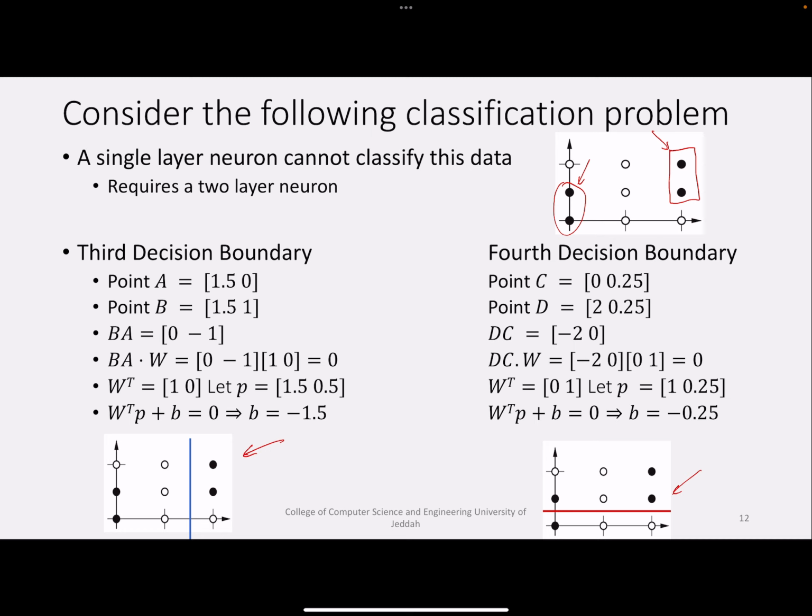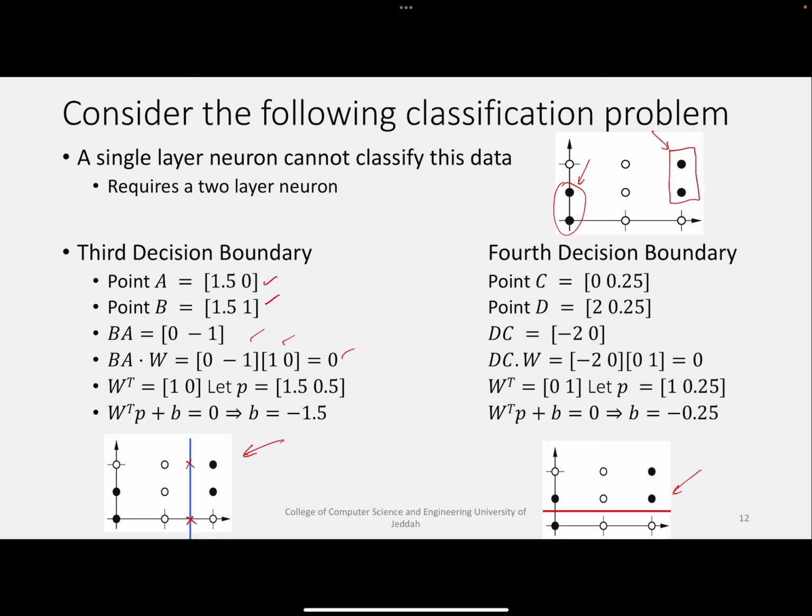So again, we pick 2 points, A and B. So this one is at 1.5, 0 and at 1.5, 1, A and B. Repeat the same steps. Not going to say them all over again because it's exactly the same.